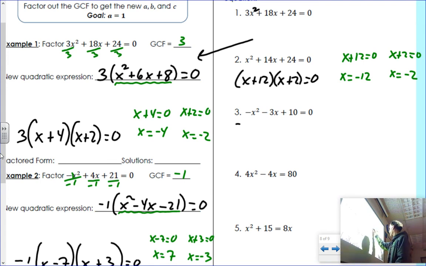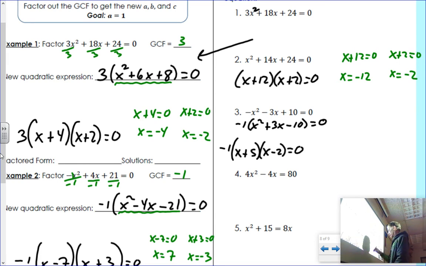I can take a negative 1 out, so it becomes positive 3x minus 10. And if you factor the inside of that, we'll multiply to negative 10 and add to be positive 3: x plus 5 and x minus 2. And then for the solutions, x equals negative 5 and x equals positive 2.